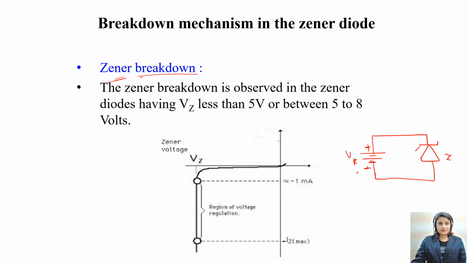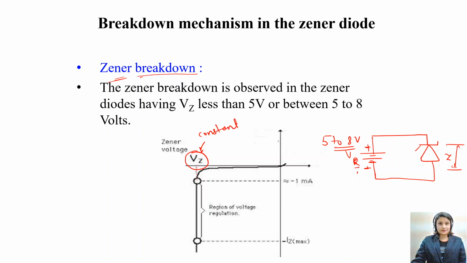So this reverse voltage, here the Zener will always have some voltage in it. Okay, when we are applying the reverse voltage between, see here, between 5 to 8 volts, what happens is the voltage in the Zener diode, it remains constant.